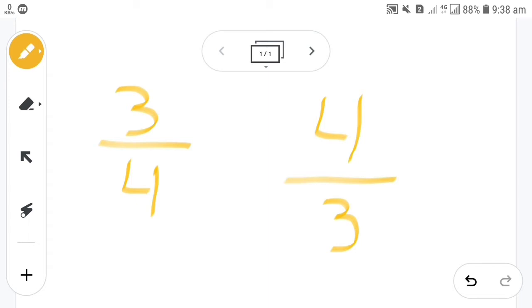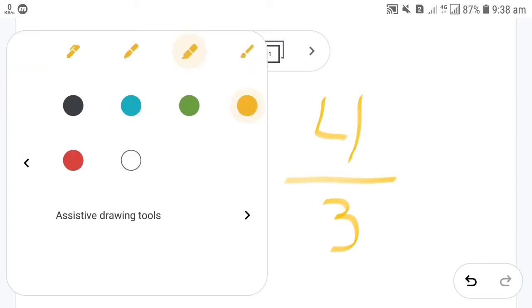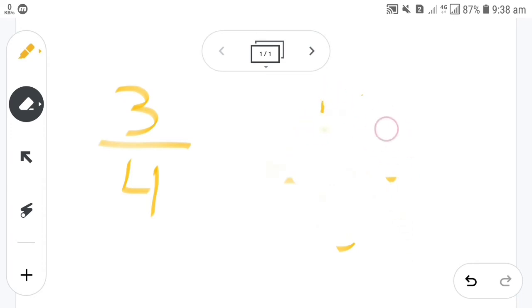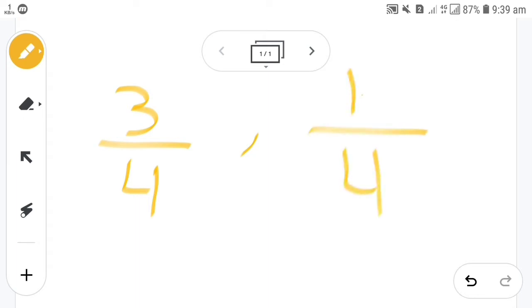Now if we have two fractions, one is 3 by 4 and another is 1 by 4, you can see that these two fractions have same denominator, and the fractions that have same denominator are called like fractions, and the fractions that have different denominators are called unlike fractions.